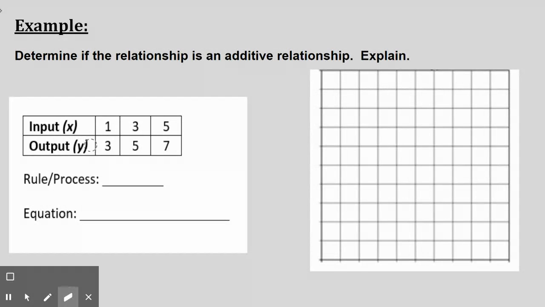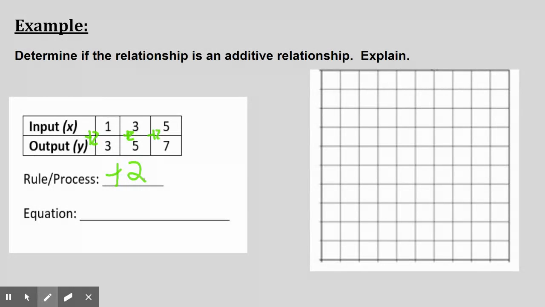I can either add 2 or multiply by 3. In order for it to be our rule, it has to happen every single time. So to get from 3 to 5, I can add 2, but there's really nothing I can multiply. Going from 5 to 7, I can also add 2. So we would say in this situation that plus 2 is going to be our rule.